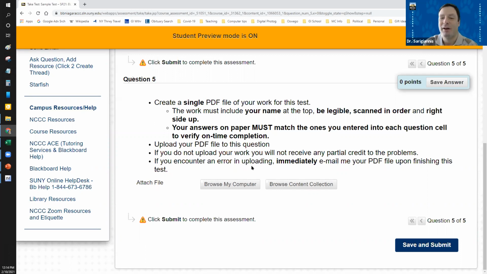Right side up. I don't want to have to be trying to rotate your PDF files, or look at your file and be like, okay, well, the last one's first and the first one's in the middle, and they're all out of order. Treat it like you're turning in an assignment. You want to make sure everything's in order.